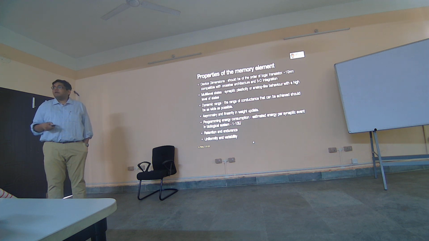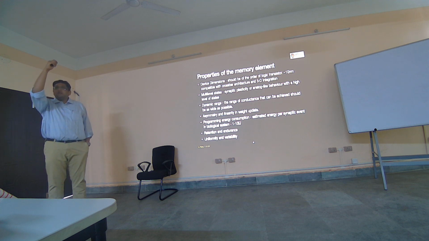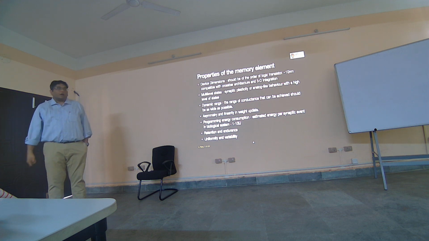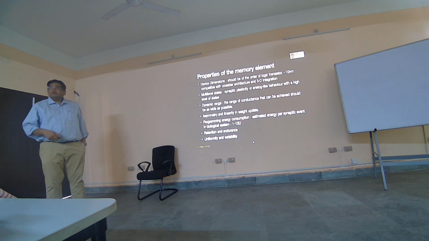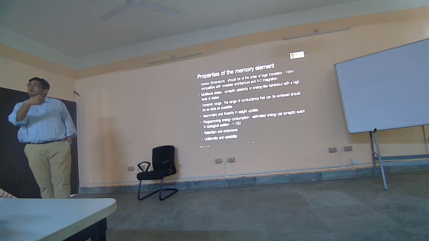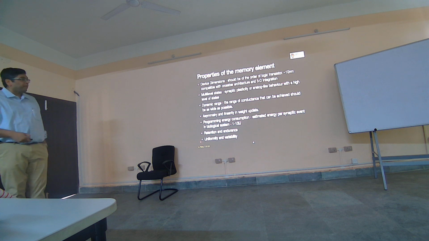Programming a non-volatile memory is normally associated with tunneling electrons into the floating gate and tunneling electrons out of the floating gate, which required a lot of voltage and current, so the power was very high. The advantage with some of the embedded memory elements that we talk about is that they have very low energy consumption. So programming is relatively low power as compared to the old non-volatile memory.